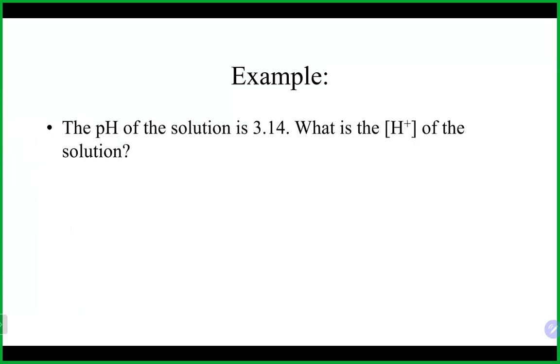All right, let's see here. One last one here. We'll just do what it asks. The pH of the solution is 3.14. What is the H plus concentration?